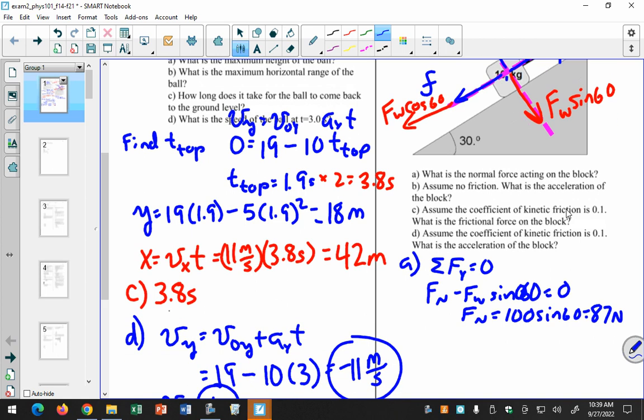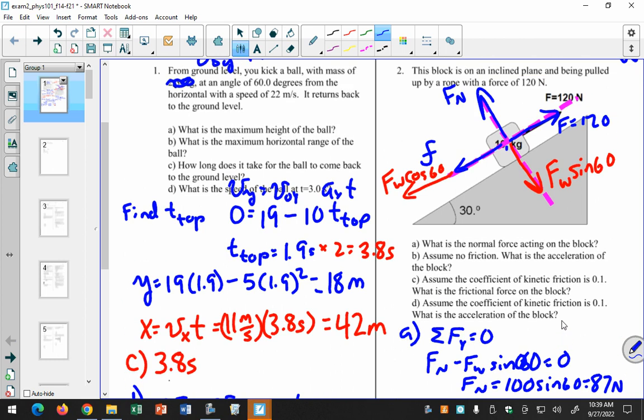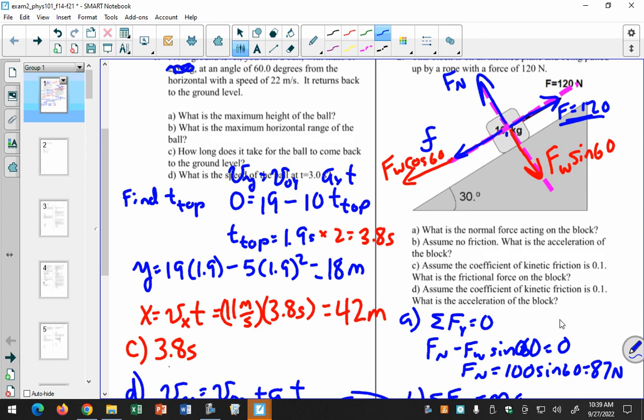And then if there's no friction, what is the acceleration of the block? Well, here, what do I consider the y or the x? It's accelerating along which axis? The x-axis, right. So I say the sum of the forces in the x direction is equal to max. And then I look at my coordinate system up here. I have this in the positive x direction.